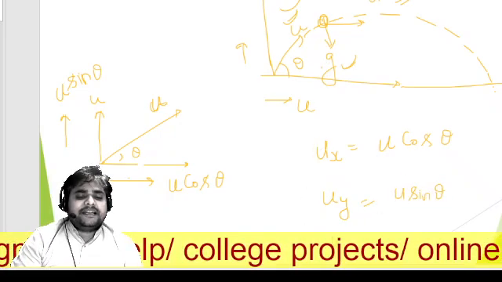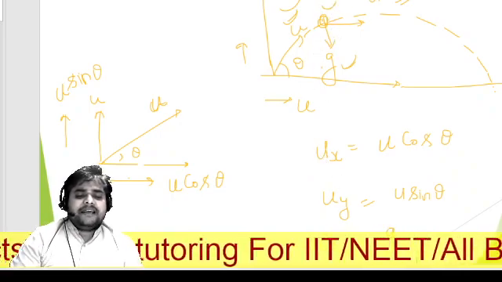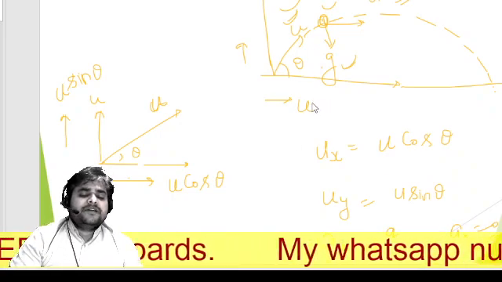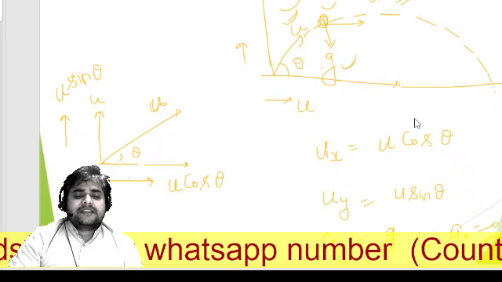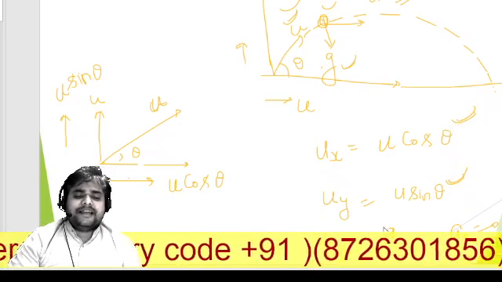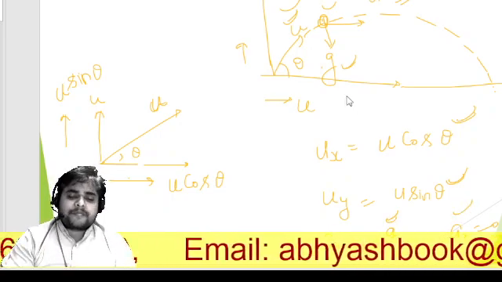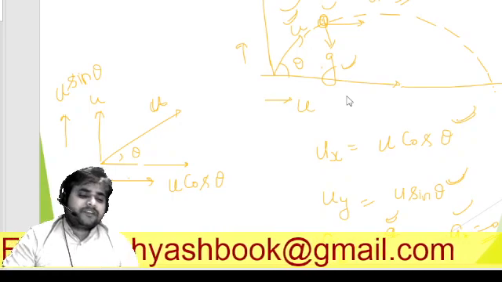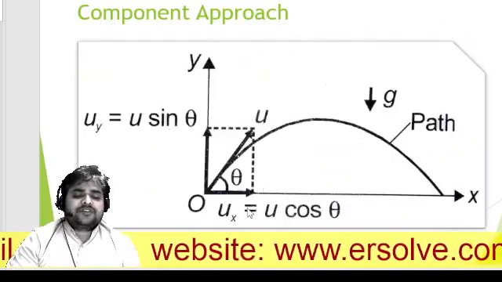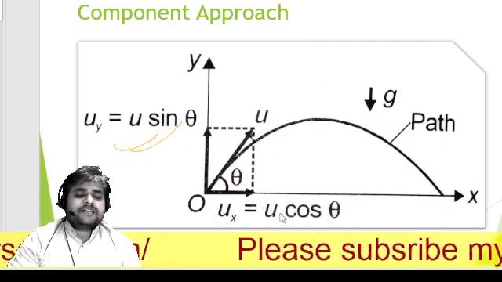Acceleration in the vertical direction, ay, is g, and ax is 0. So this is the initial velocity along the x-axis, this is the initial velocity along the y-axis, and this is the acceleration working on the object. Here we have divided the components: ux is u cos theta, and uy is u sin theta.